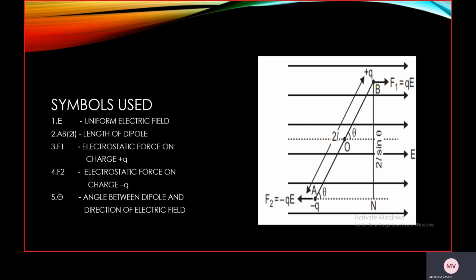Now, what is the rotational effect? The rotational effect we are talking about, which will be produced by the couple formed by these two electrostatic forces, is called torque.